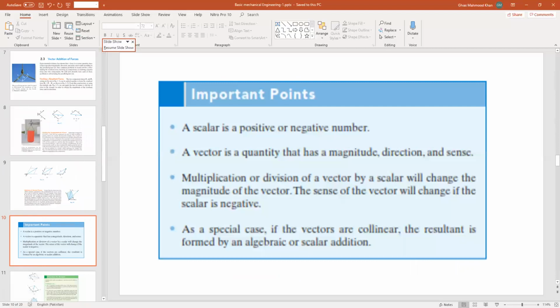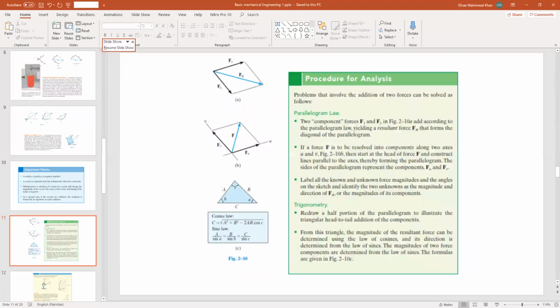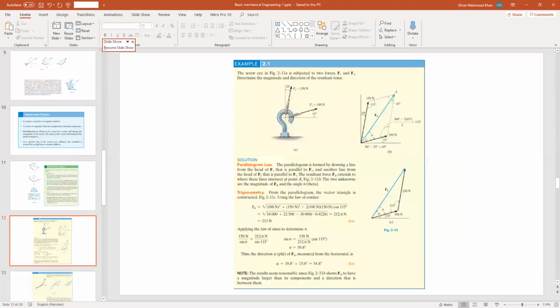You have to go through all these slides, and now we will jump on to the examples so that you can get more familiar with how to find the resultant of vectors. In this example, a screw eye is pulled by two different forces, and the angles of the forces are given with the x-axis and the y-axis.